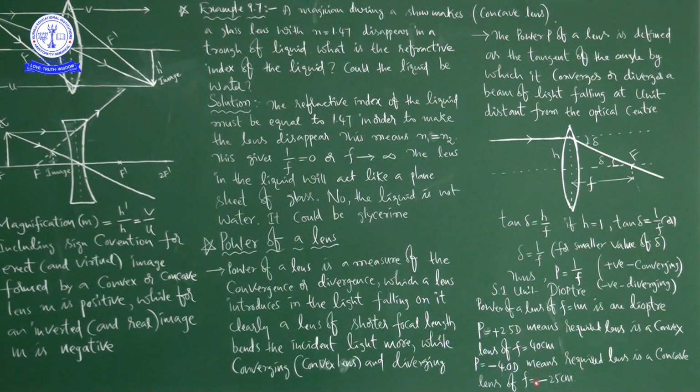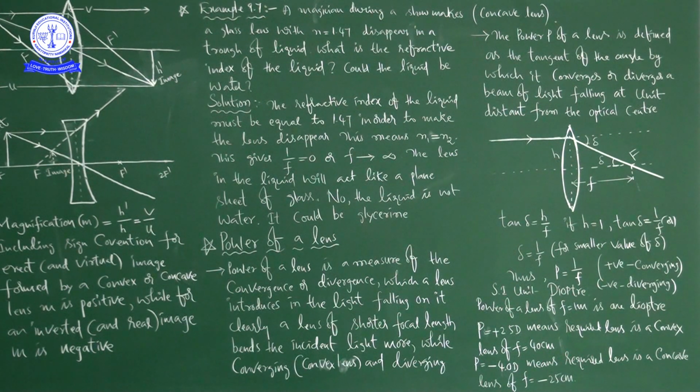Similarly, if P is equal to minus 4D, it means the required lens is a concave lens of focal length minus 25 centimeters. So this is for example. Based on the focal power, we will decide the nature of the lens and focal length of the lens that we require.